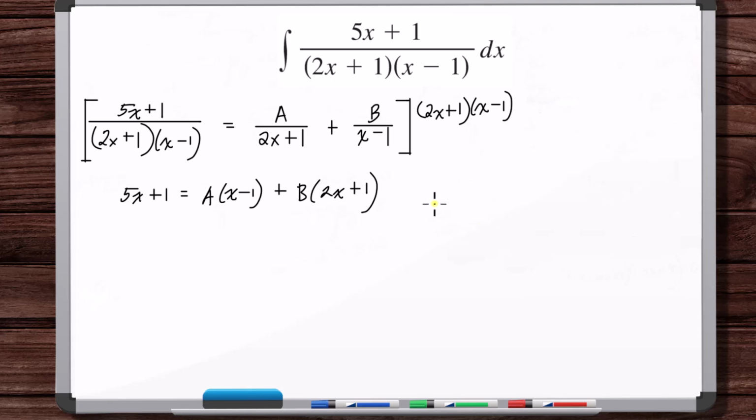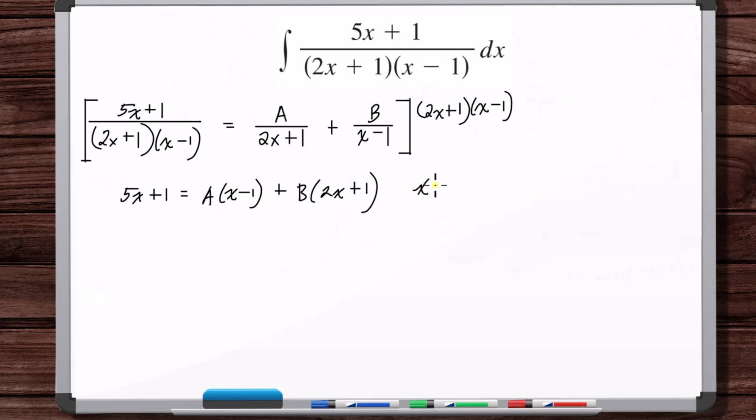Now there's two ways you could go about solving this for A and B. You could distribute this and combine the x squared, x to the first, etc. terms together and then match that up with the left side. Or you could just choose a value of x and use that to solve for A and B. That method is usually pretty easy, but sometimes it just depends. I feel like the more complicated these get, then it can become easier to go ahead and group the common order terms together.